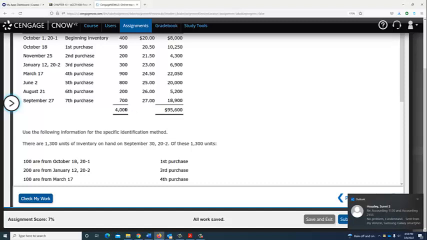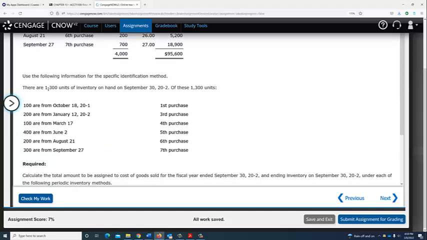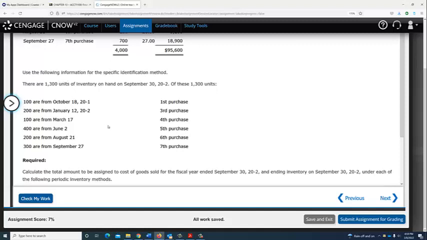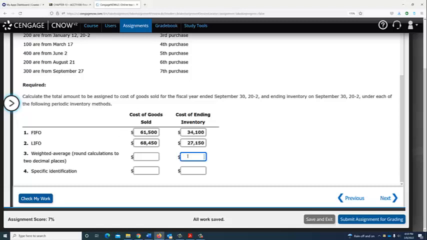And that gives me $23.90 per unit. So to get ending inventory, I need to take 1,300 units times the $23.90, and that would give me $31,070 in ending inventory.